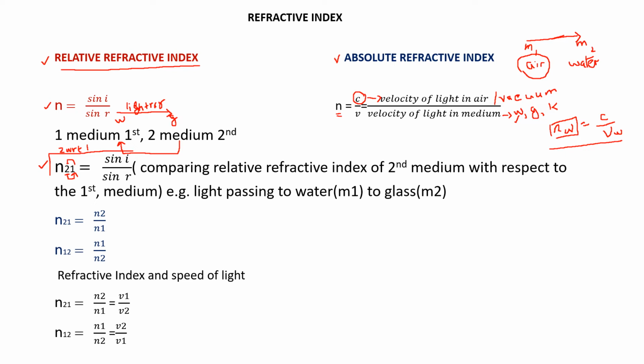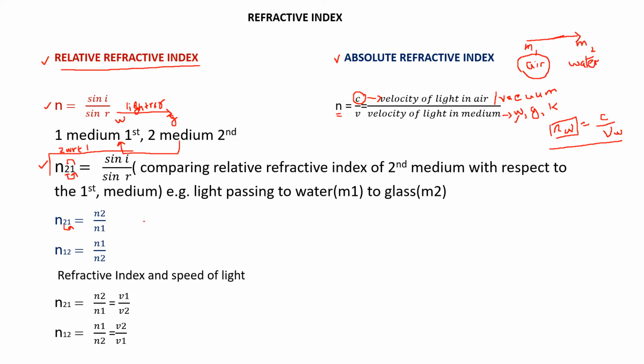When it is written n2 1, I don't say n21, it is n2 and 1. It means I am comparing the refractive index of the second medium with respect to the first medium.